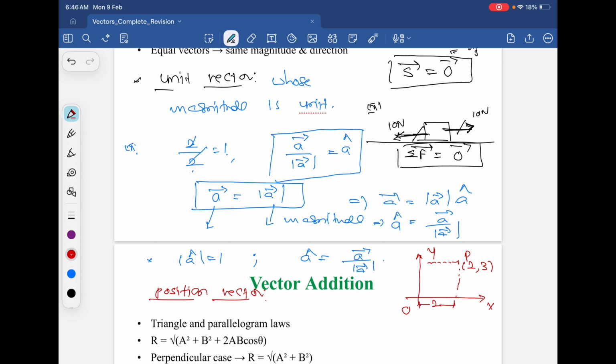Y coordinate is, for example, 3 units. Now O is the origin, P is the position where the object is placed. The directed line segment joining the origin to the position is called a position vector. Generally we call it R bar. So a vector which gives the position of a particle in space is called a position vector.